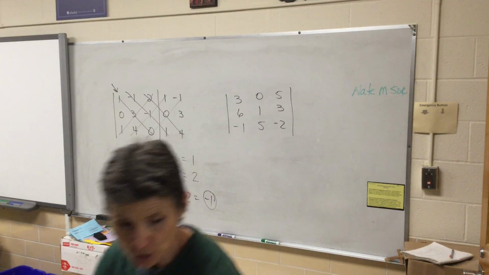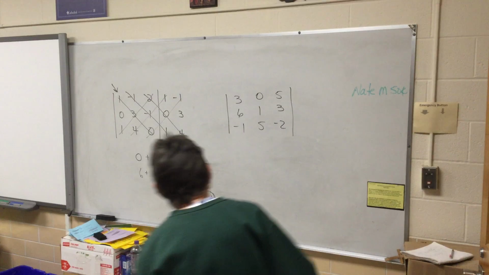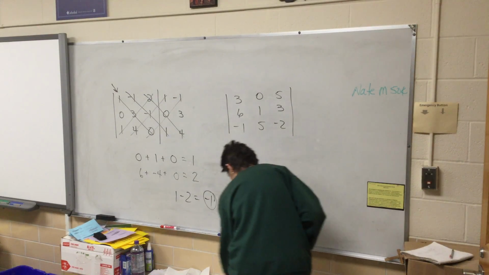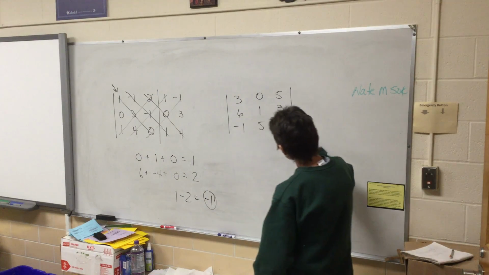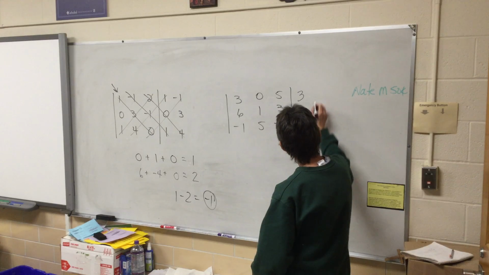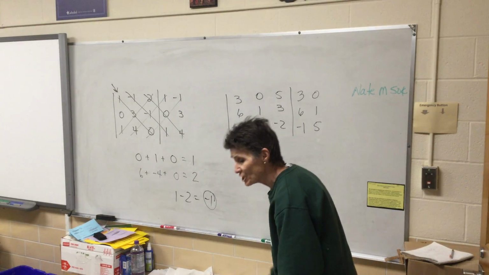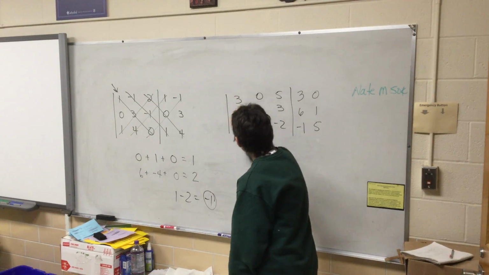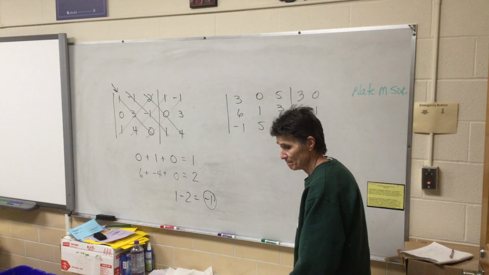What do we have to do to get started? Take the first, don't you take the first 2 columns and put them on the outside? I do. So I'm going to take my first 2 columns, 3, 6, -1, and 0, 1, 5. Please don't switch anything. Just cut them out and paste them on to the end of the determinant.